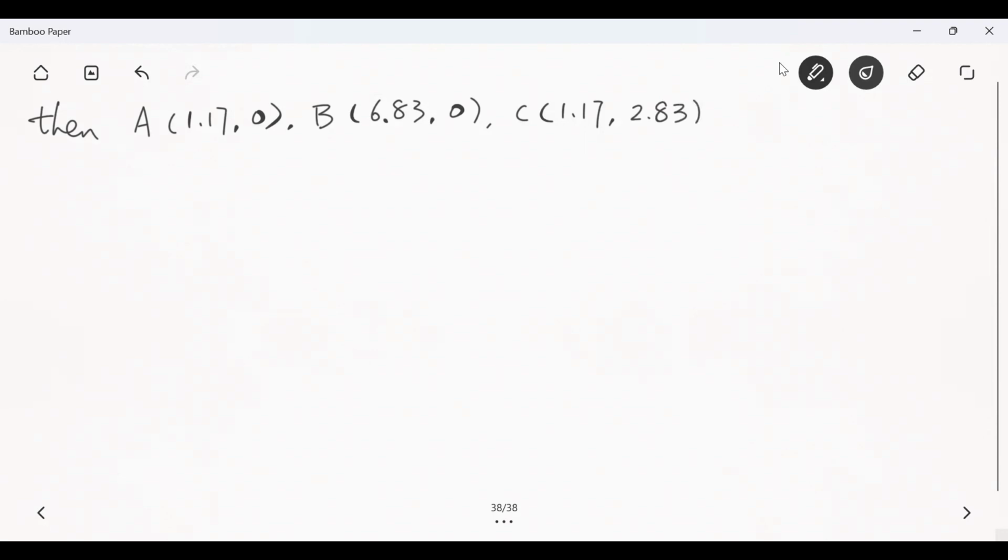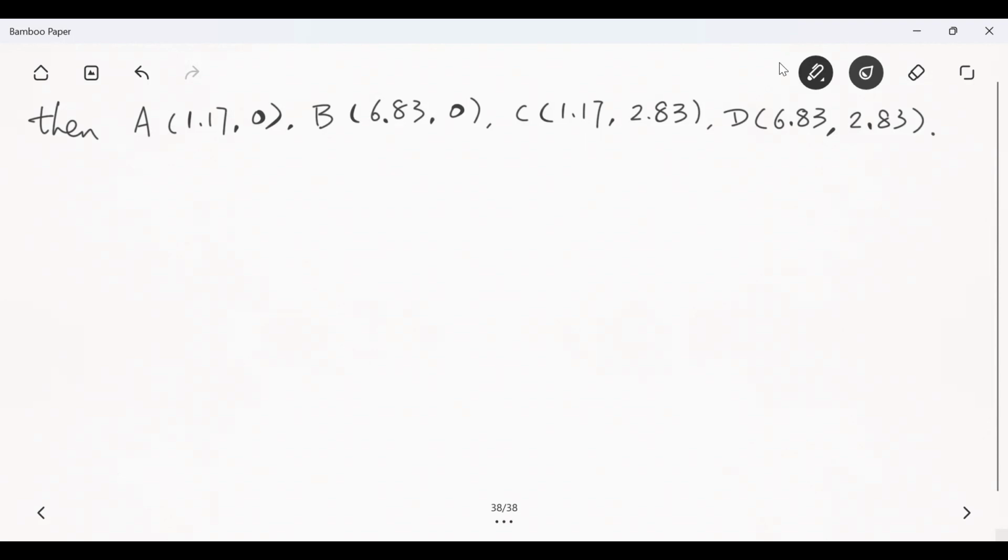And the last one, point D, is 6.83, the same x value as B, and the y value is 2.83, the same y value as C.